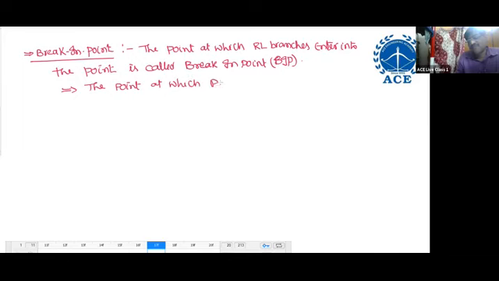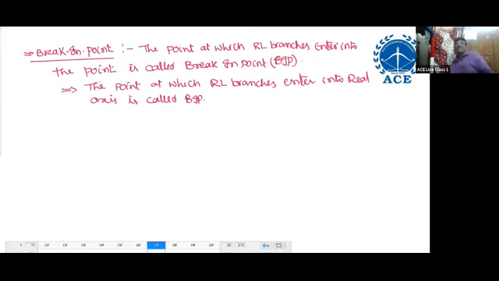In one way, the second statement is part of the first statement, that's all. I'm not telling the second statement is wrong. The second statement is a part of the first statement, but it's not a complete statement, that's why I'm telling.